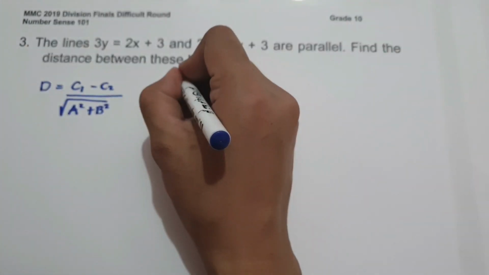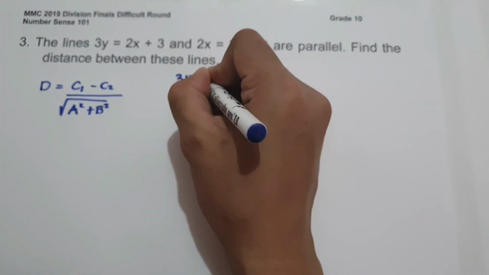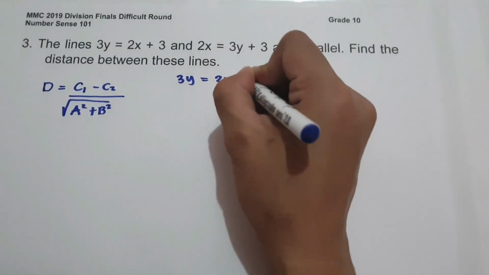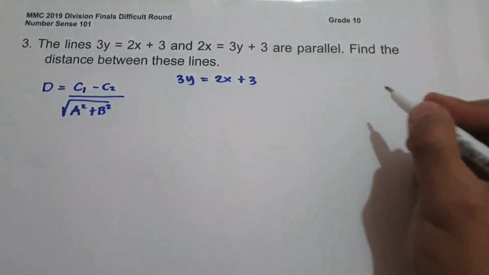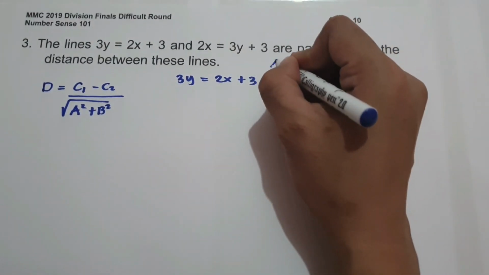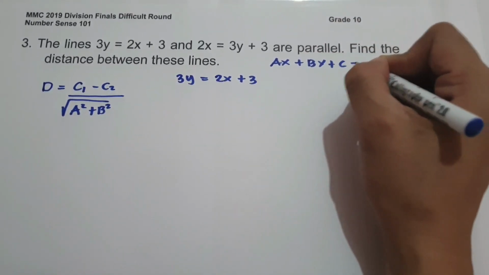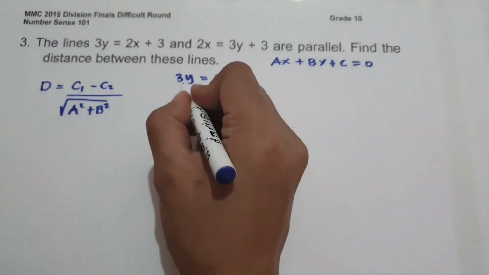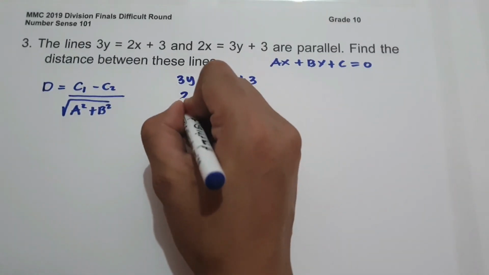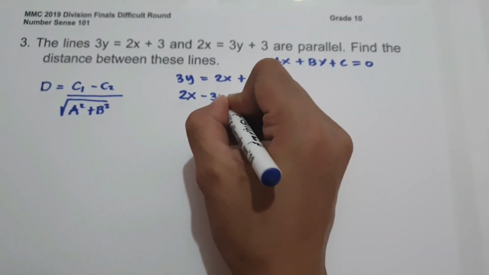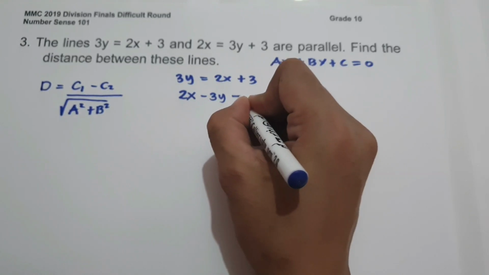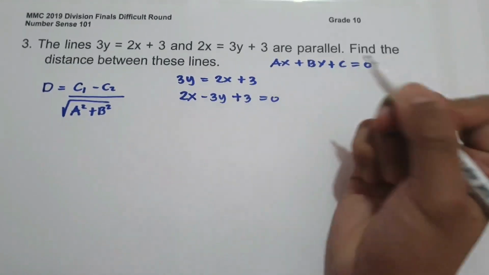So let us identify first the value of the given. So let us have 3y equals 2x plus 3. So let us write this one in the form of ax plus by plus c equals 0. So let us move 3y on the other side. It will be 2x minus 3y plus 3 equals 0.